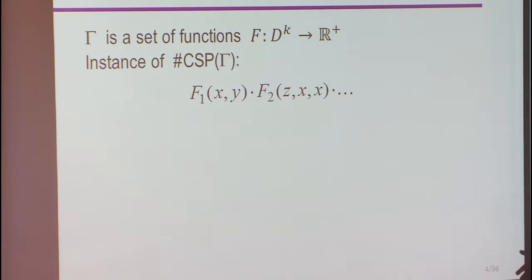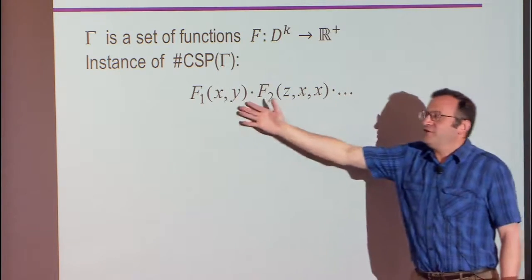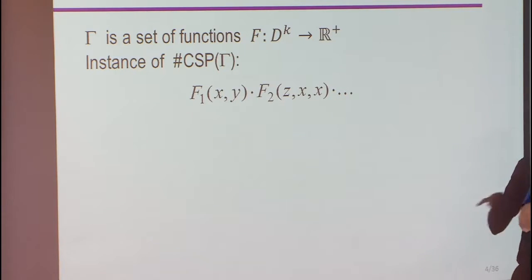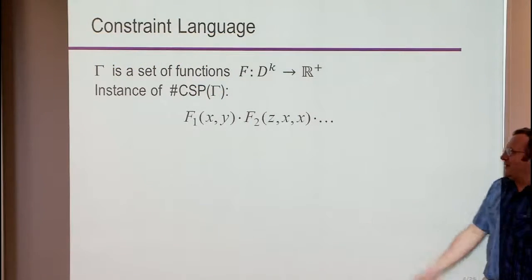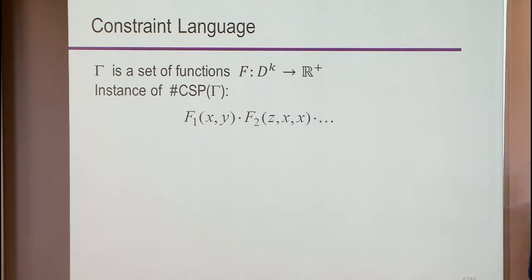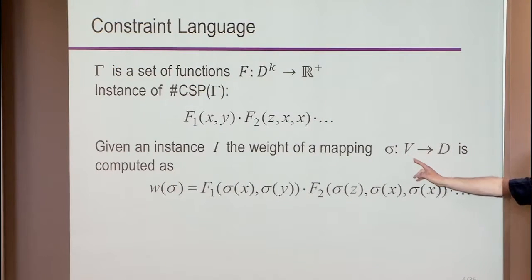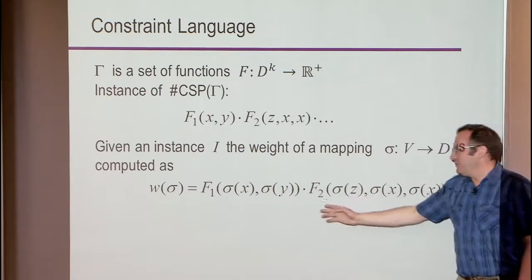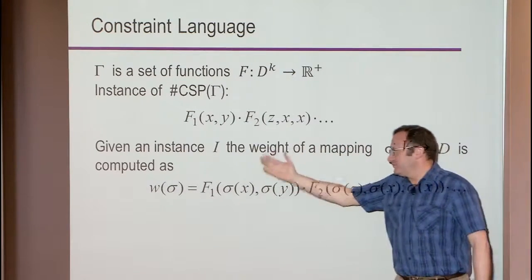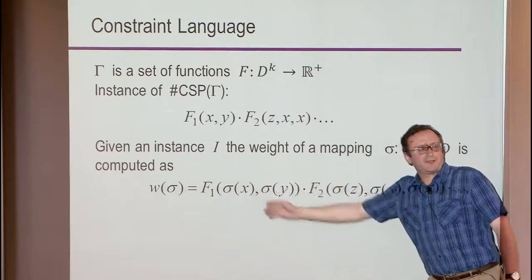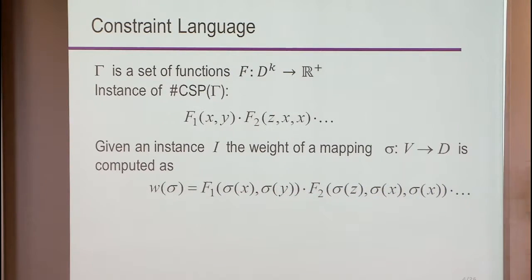Again, the instance is as usual. We have a bunch of variables, we impose all these functions on some of those variables, and we multiply them. So, if we take a specific mapping from the set of variables to our domain, the weight of this mapping we compute in the natural way: we take the values of variables, apply functions to them, and multiply everything together.